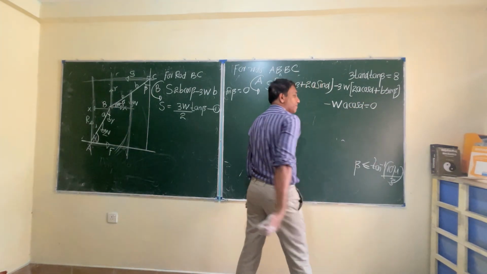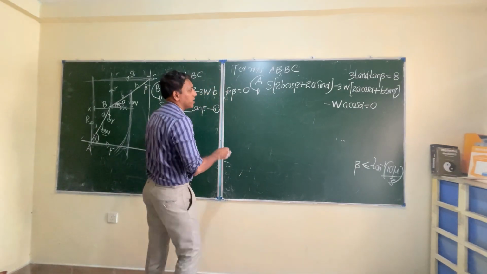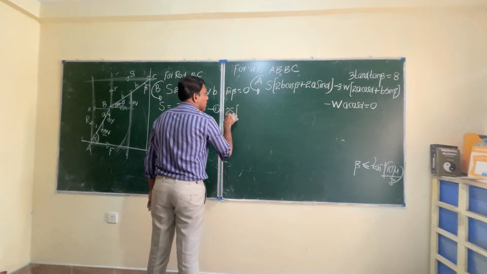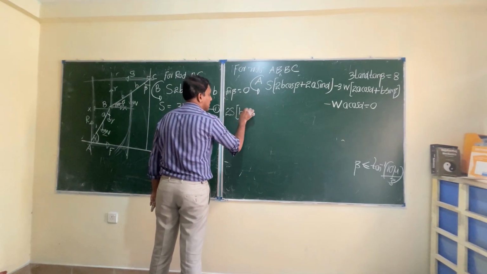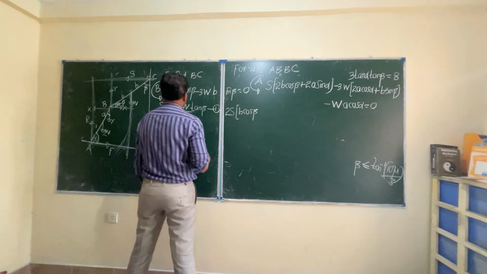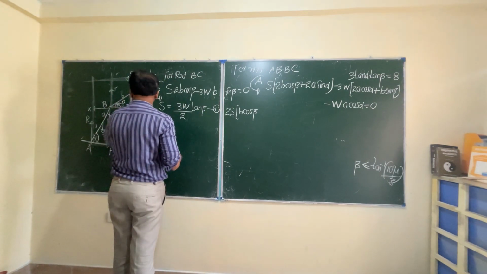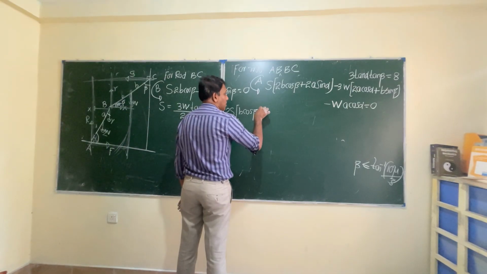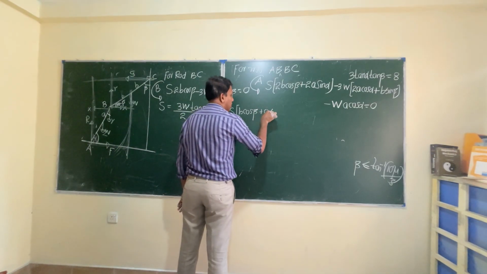So it's the technique. To rearrange a little, can I take 2 out? S into 2, b cos beta plus a sin alpha.